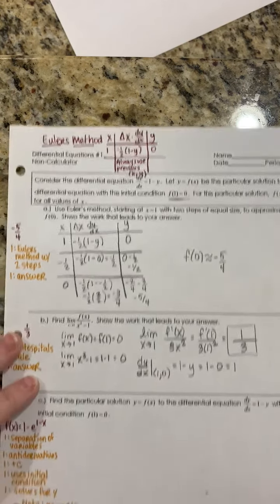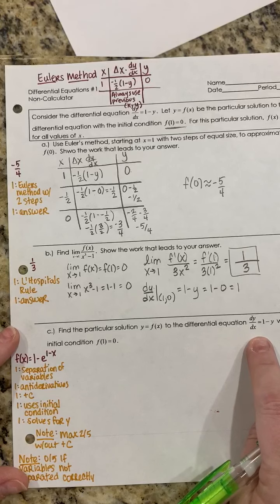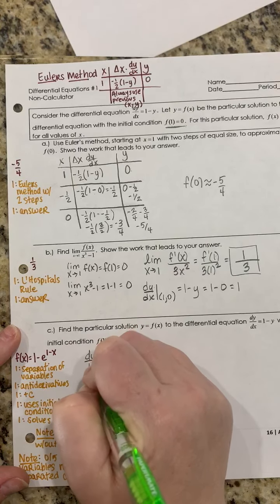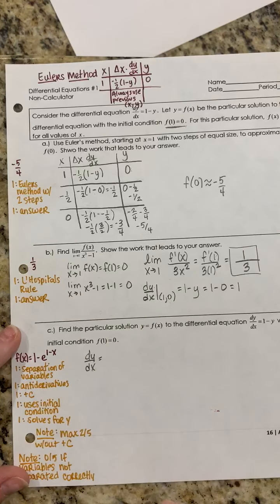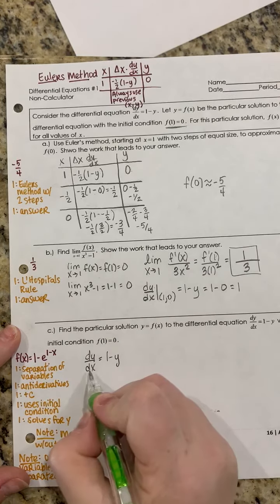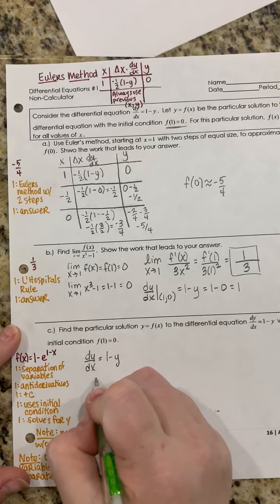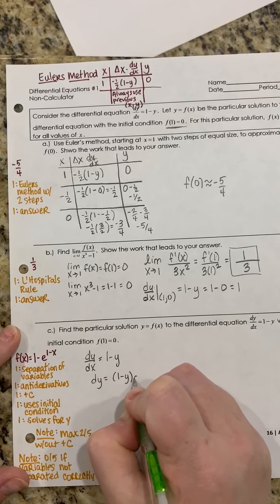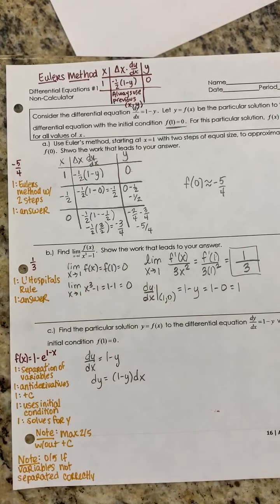So when I look at C, dy dx equals 1 minus y. So when I multiply the dx over, that's going to give me dy equals 1 minus y dx. Now I've marked my left side, my y side, and my right side, my x side.